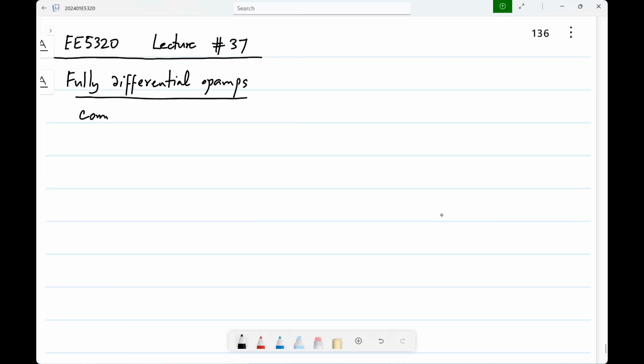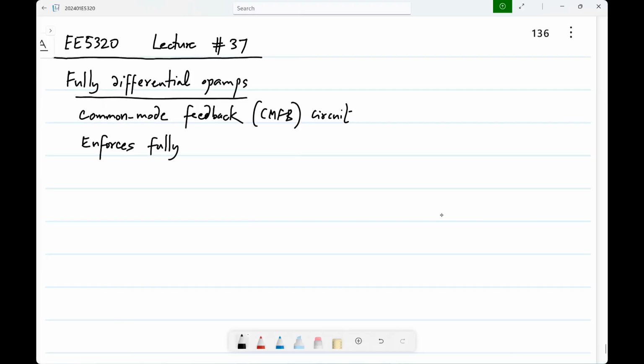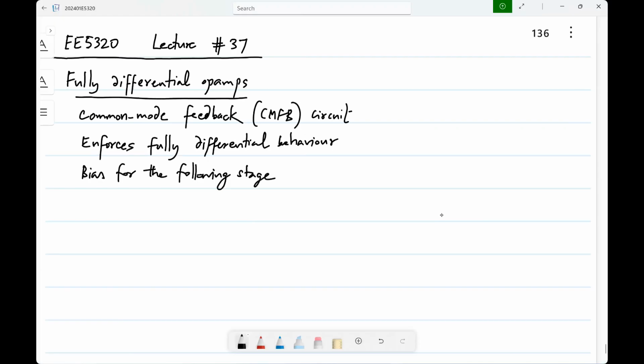You will have what is usually abbreviated to CMFB, and this basically enforces the common mode.